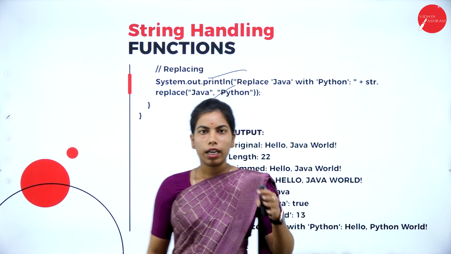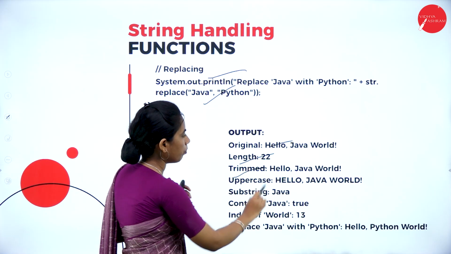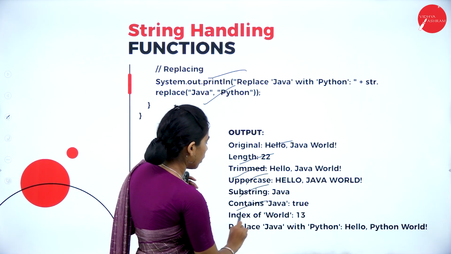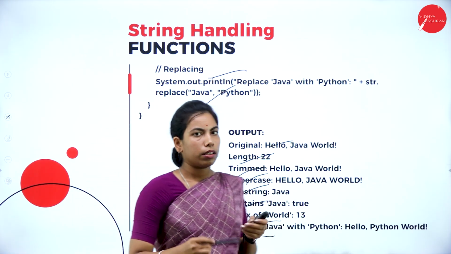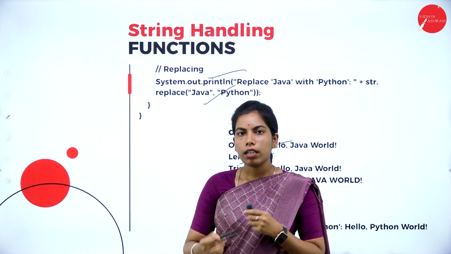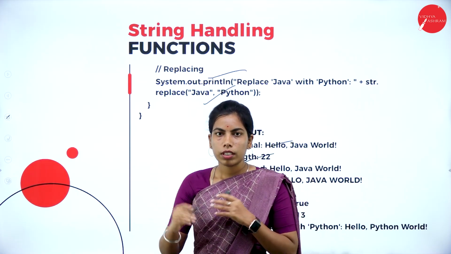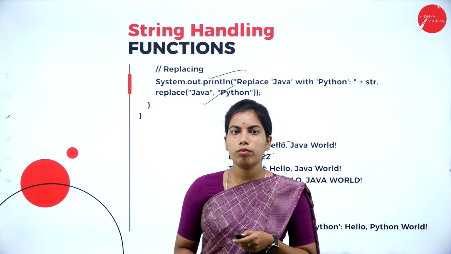Here you can see it will print hello world Java, length is 22, trim hello Java world, uppercase, substring contains an index, and also replace Java with Python, hello Python world. This is how the string handling functions work. There are many more, so you can refer to these as the main ones. Thank you.